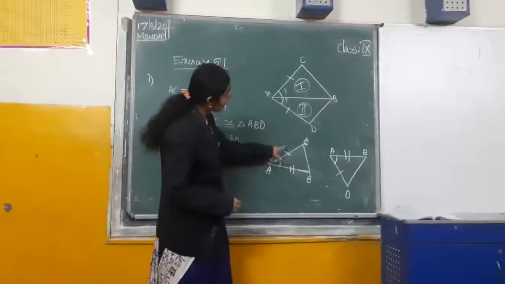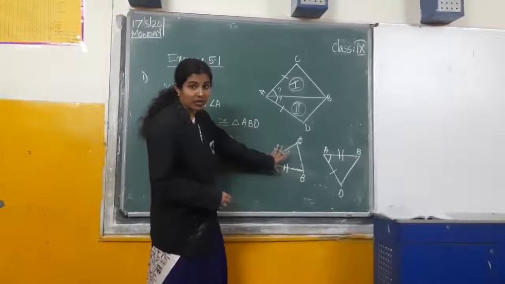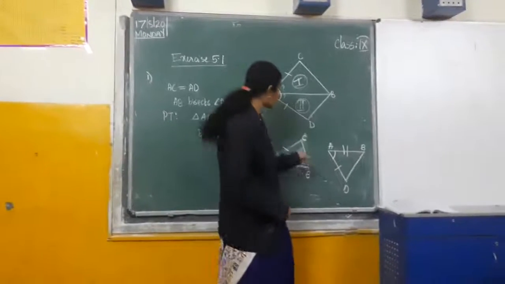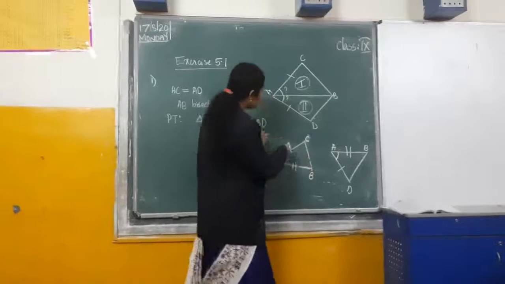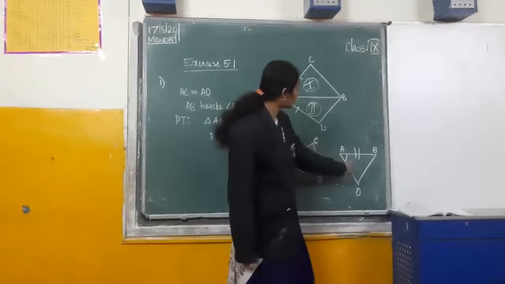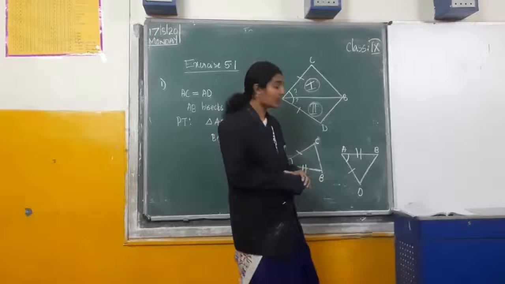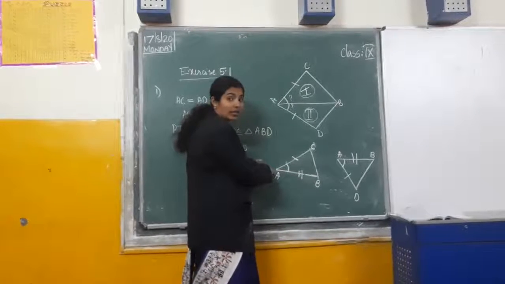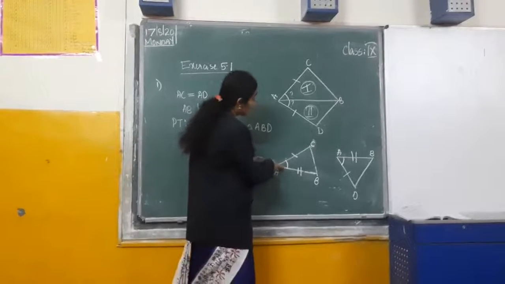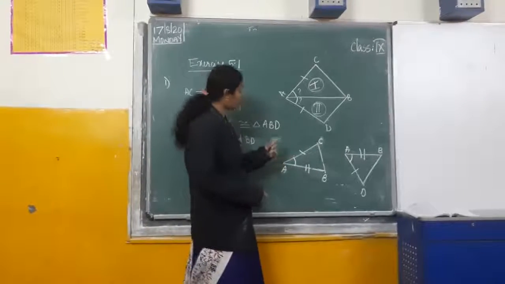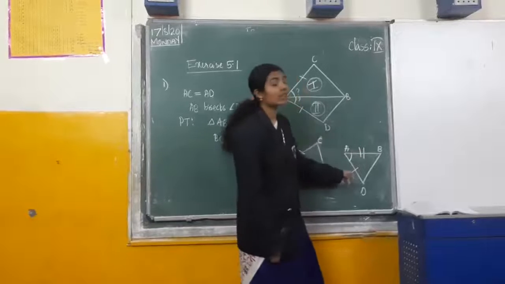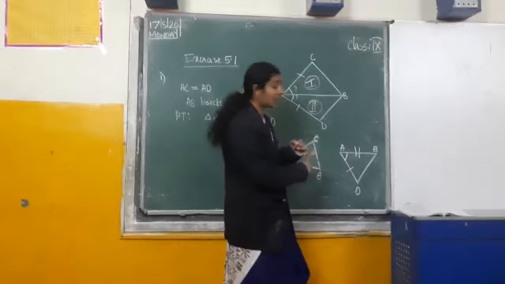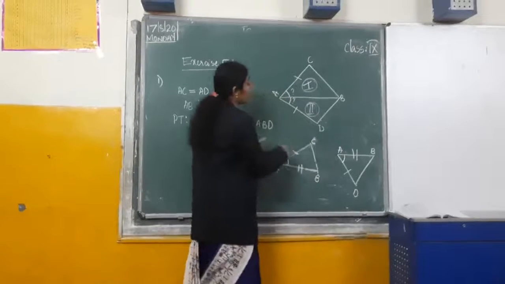See the first triangle, two sides of this first triangle are equal to two sides of the second triangle. Isn't it? Between these two sides you can see an angle is included. Included angle A. And here also between these two sides the included angle is angle A. That condition is also satisfied, and the included angles are equal.